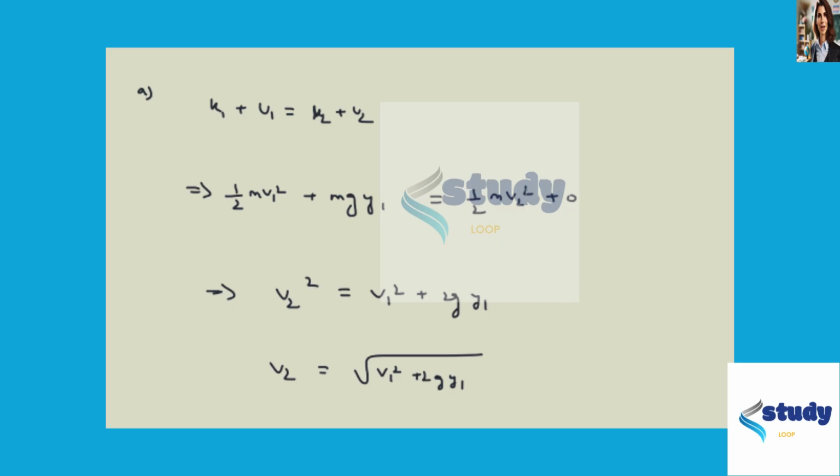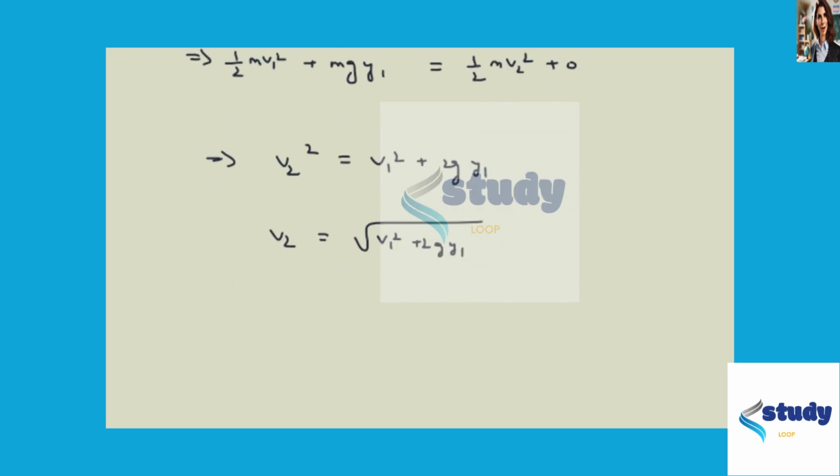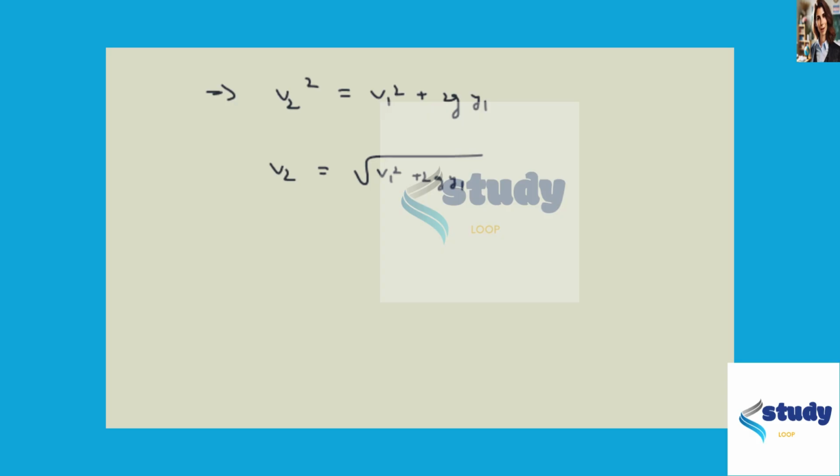Now here you can write the value of Vx as Vx is equal to 3 cos 37 degree, that is 2.39 meter per second, and Vy is equal to V sin theta, that is equal to 3 sin 37 degree, which is equal to 1.80 meter per second.